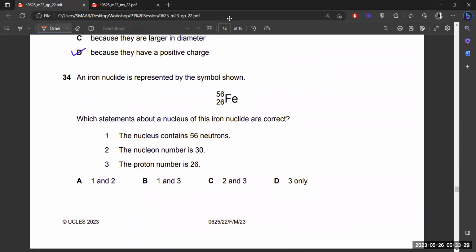Question 34. An iron nuclide is represented by the symbol shown. We know that this represents the number of protons. This represents the number of nucleons. Nucleons means neutrons plus protons. Which statements about a nucleus of this iron nuclide are correct?